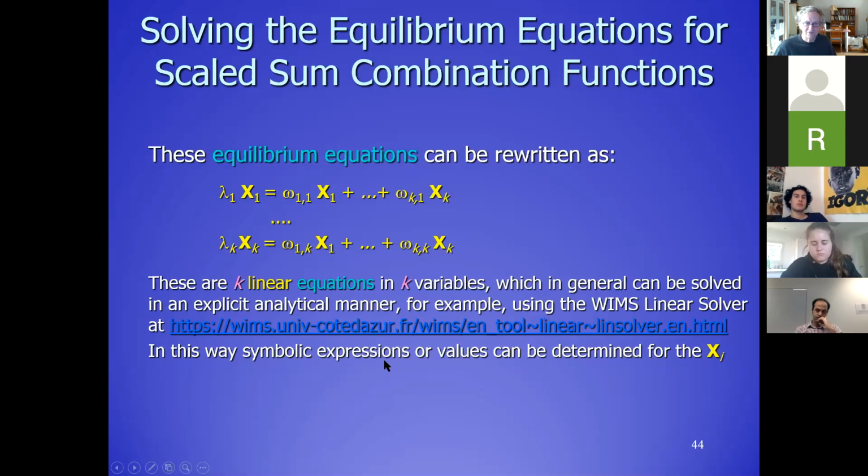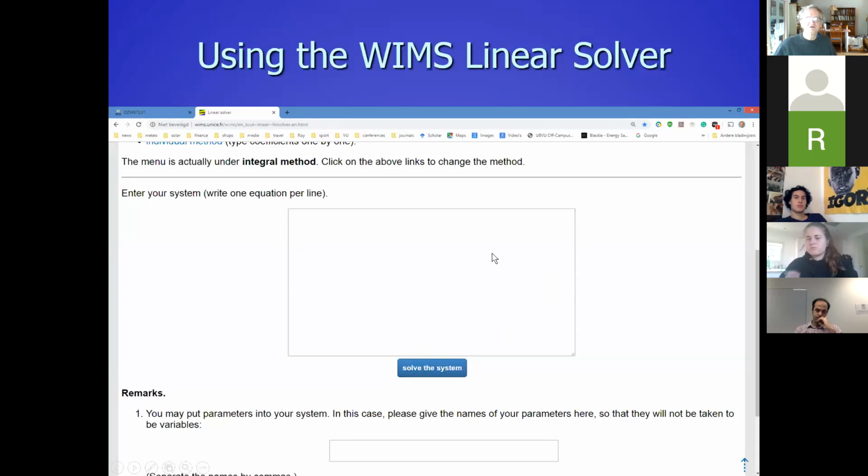In a symbolic way, you can use it by still having this as not numbers but parameters that are not yet filled. You can put also numbers, then you have just the number as an outcome. But you can also have expressions, and that is done here. So this is how it looks, this Wim's linear solver. Here you just paste your equations, you copy them from your text editor.